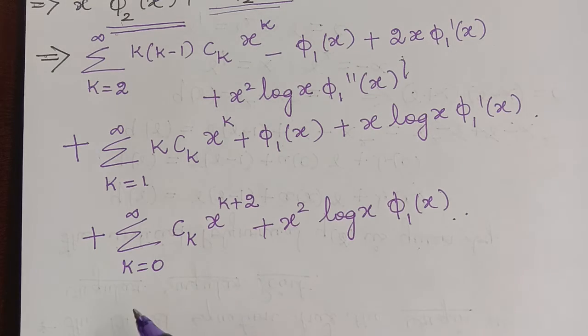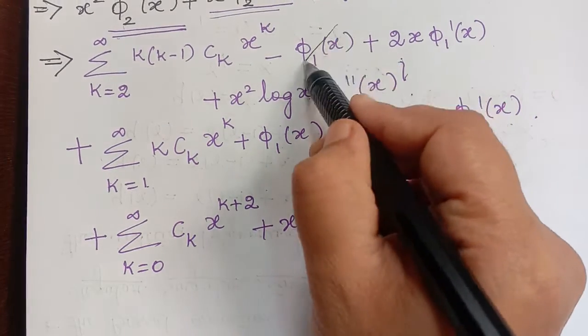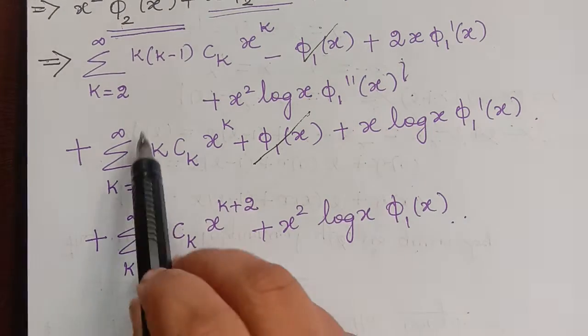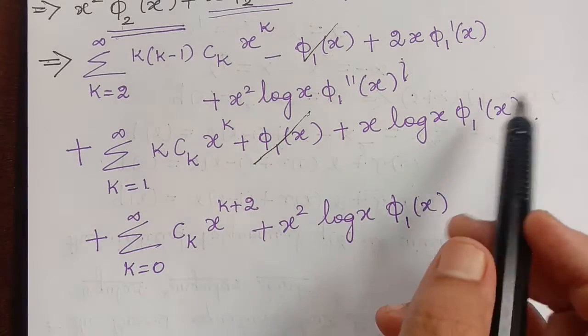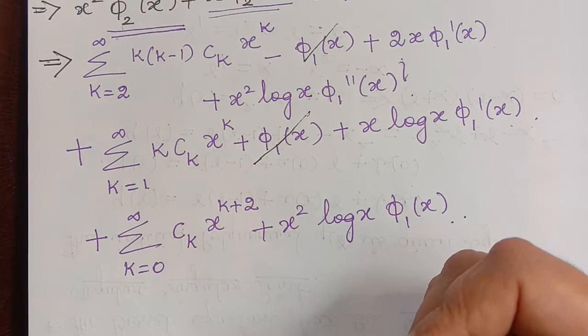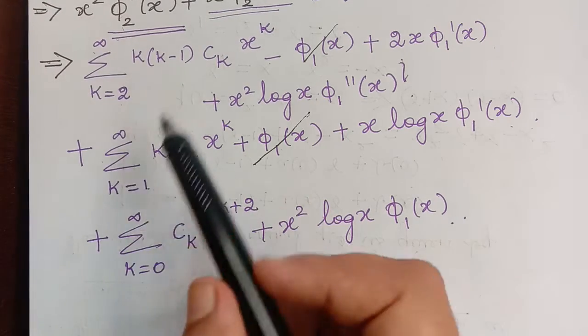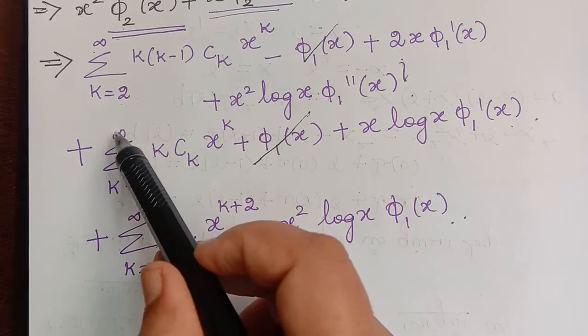So on simplifying this, what do we get is this negative phi 1 of x and positive phi 1 of x gets cancelled, and this summation terms remains as such. We will put all the summations together, but we notice that here we have summation k equal to 2 to infinity. Here we have summation k equal to 1 to infinity.